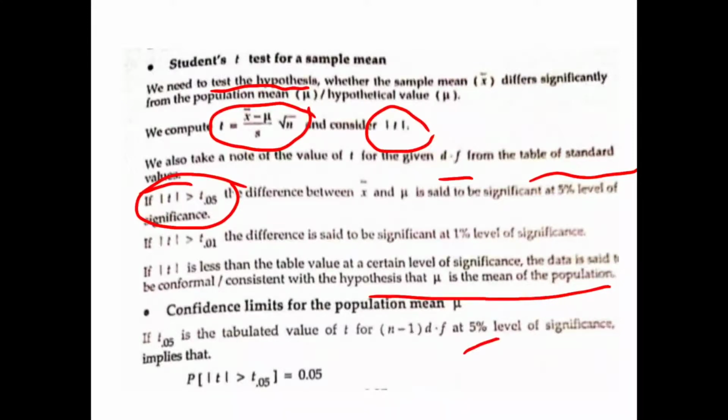Under 5% level of significance for the given degrees of freedom n minus 1, the confidence limits are given by P of the calculated value of t, modulus t, being less than the critical value, equal to 0.05. That's how we start, and we proceed and derive it.